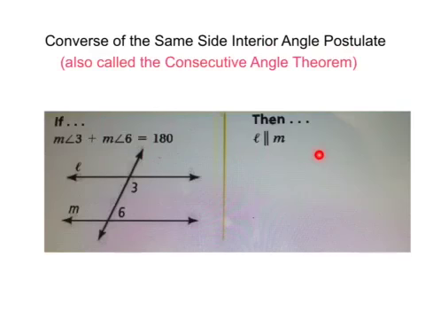If two lines and a transversal form same side interior angles that are supplementary, meaning that they equal 180 degrees, then the two lines are parallel.